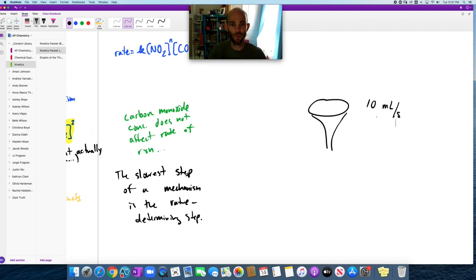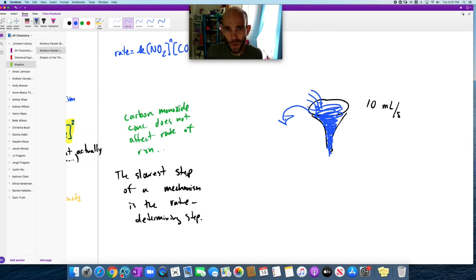If you're familiar with a funnel, you know, if you pour in just a little trickle of water, it has no problem draining out, right? But if you start pouring in lots and lots of water, you might surpass the capacity of this funnel to drain as quickly as it's being filled, and so eventually the water starts filling up, and if you don't slow down how much you're pouring in there, it's going to overflow, right?